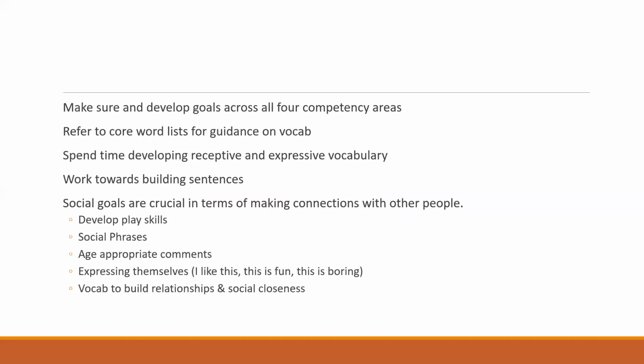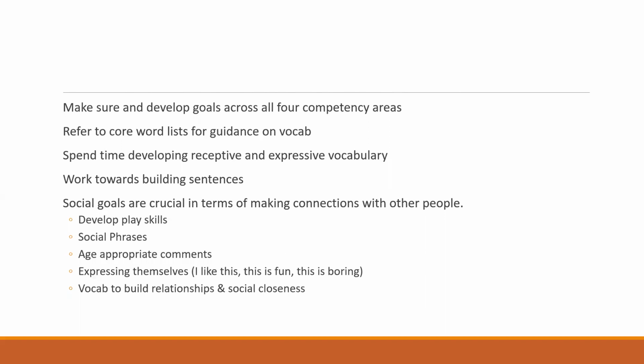So we want to make sure that we develop goals across all 4 competency areas. We want to refer to core word lists for guidance on choosing the vocabulary. We want to spend time developing receptive and expressive vocabulary and work towards building our sentences and building that vocabulary.